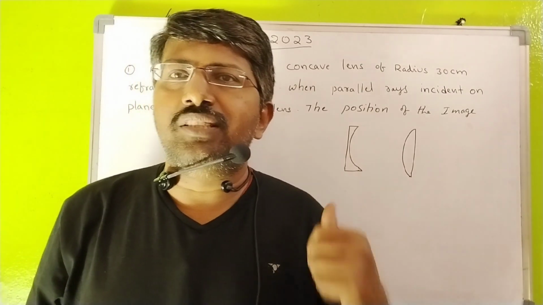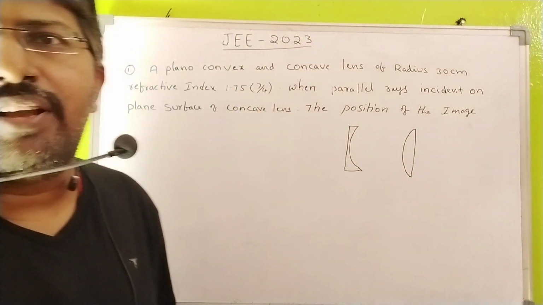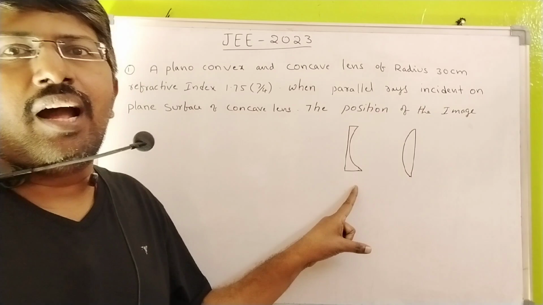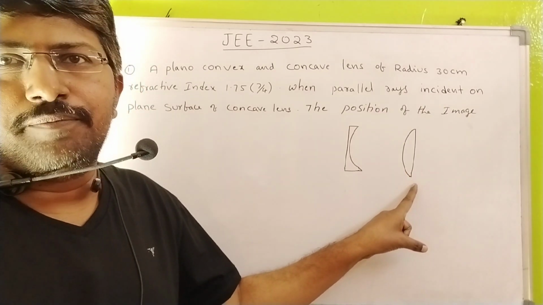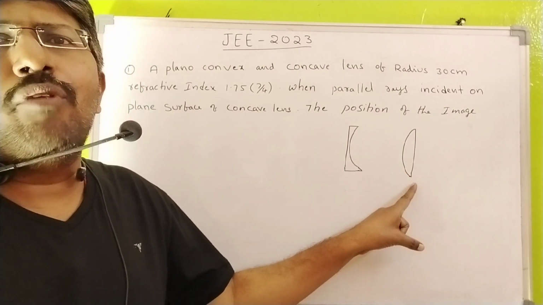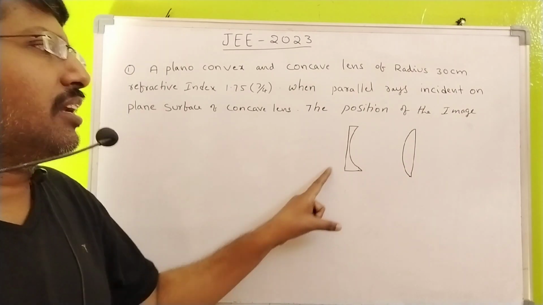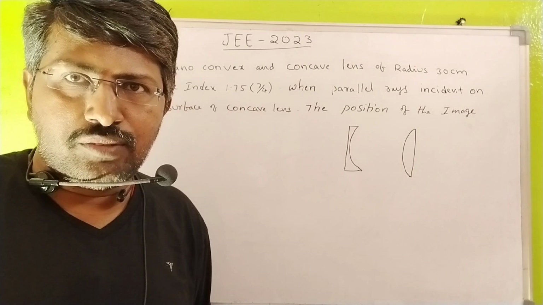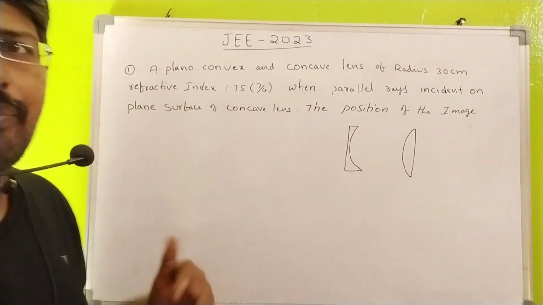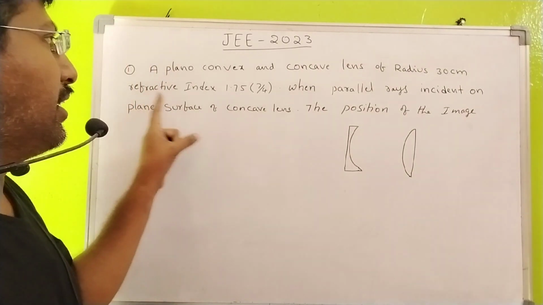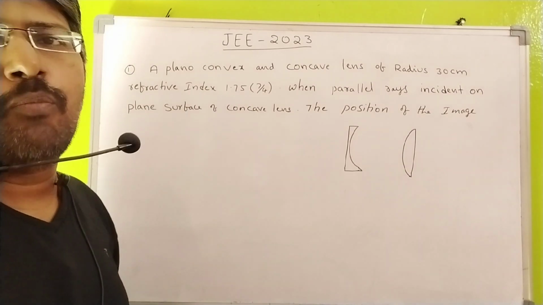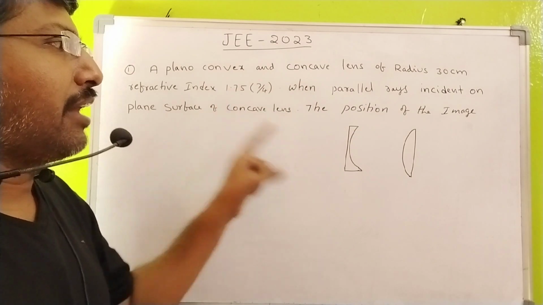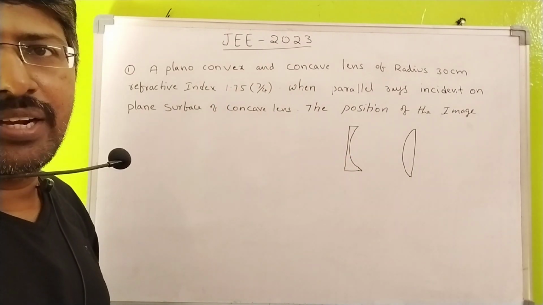Based on memory orientation, one question is given. See here, one is the concave lens and the other one is the convex lens. When parallel rays are incident on the first lens, where will you get the image? They have given the refractive index as 1.75, that means 7/4, and the radius of curvature as 30 centimeter.